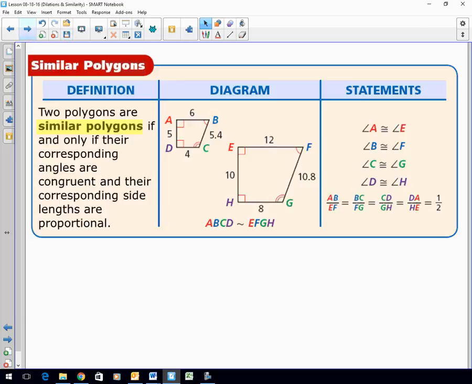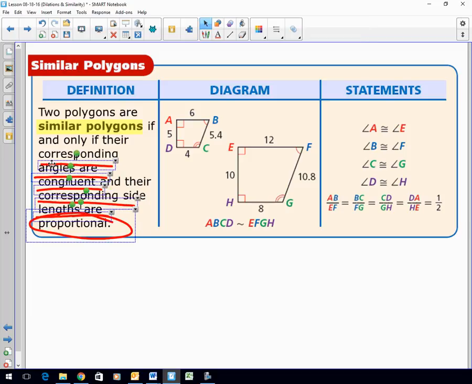All right. Similar polygons. Two polygons are similar polygons if and only if the corresponding angles are congruent and the corresponding side lengths are, oh, here it comes, proportional. All right, guys. When you see the word proportional, you need to think similar. Similar. Proportionality and similar. All right?